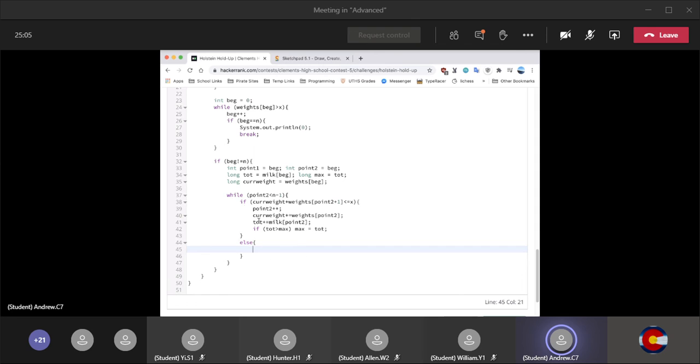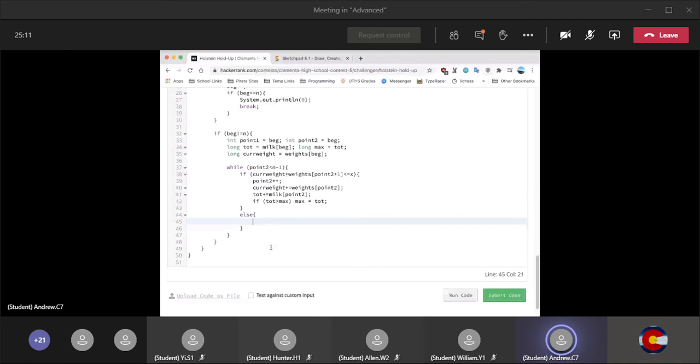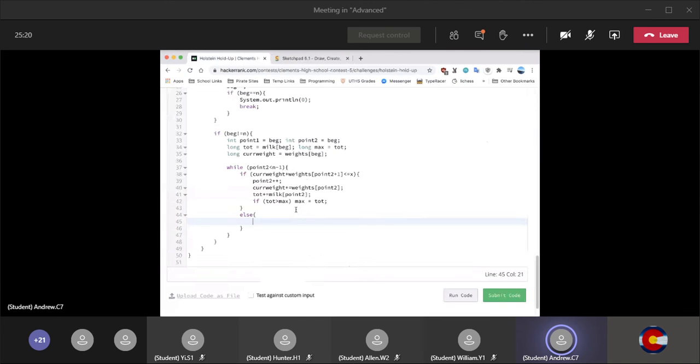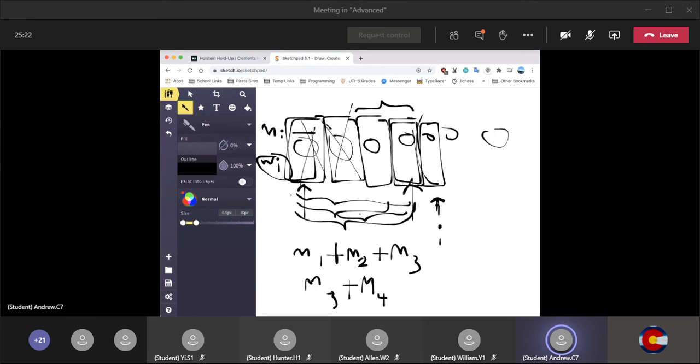Now what else? So this is an if statement. There's going to be the other case where we can't incorporate this one while incorporating all 4 of these initial cows. So what we do here is we remove this first cow, and then we go through the while loop again to see if we can incorporate this cow and these three cows now, and so on and so forth.